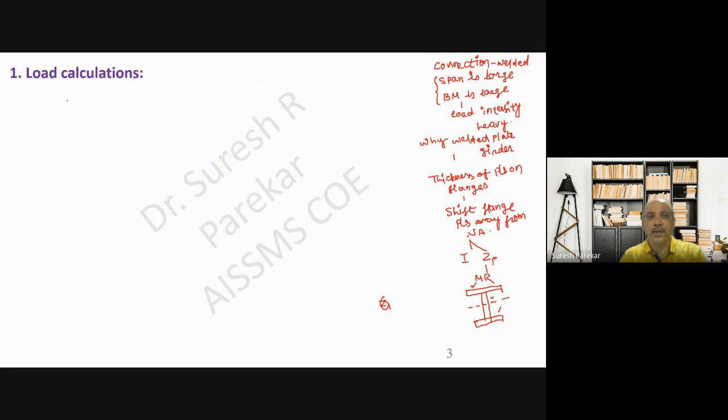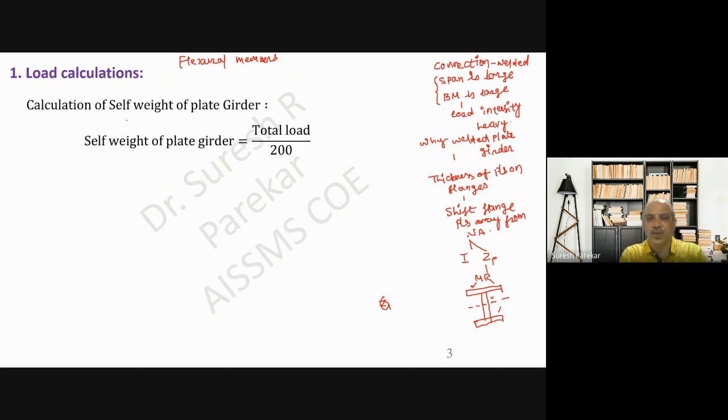Now this member is again a flexural member, and so the steps are nearly the same as those we use for beams or for gantry girder. First we have load calculations. We have to calculate the self weight of the plate girder, so the total load, and then we have to find the factored load. If we have a concentrated load, we multiply it by 1.5.